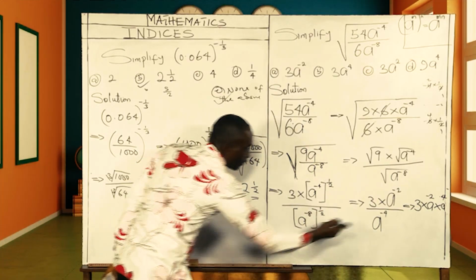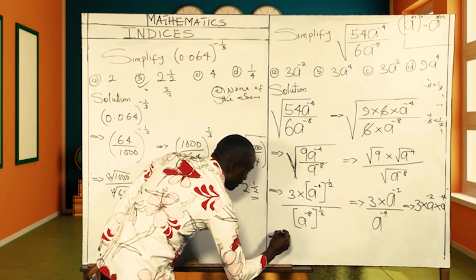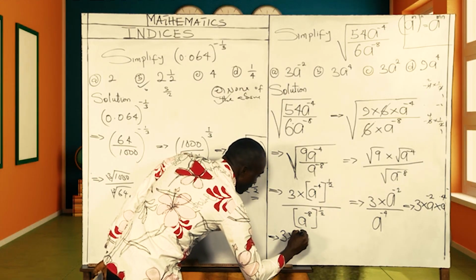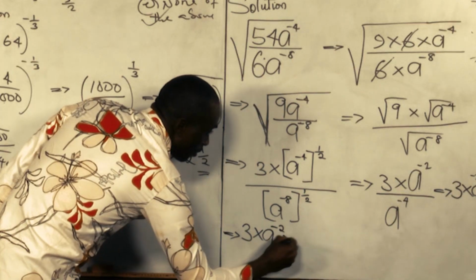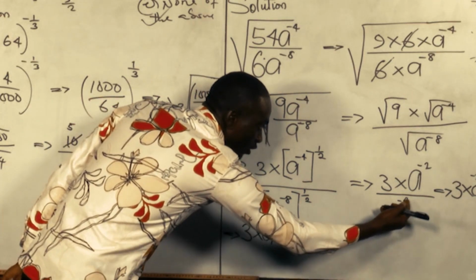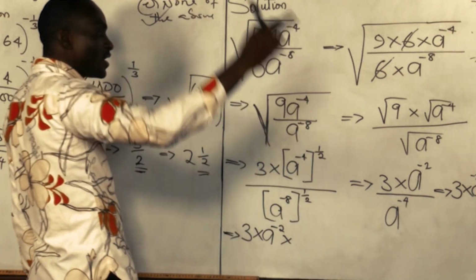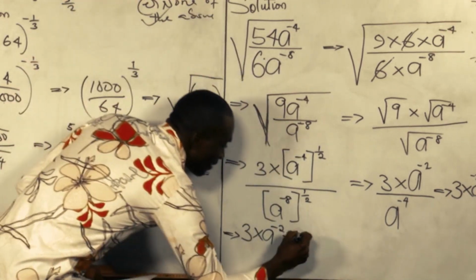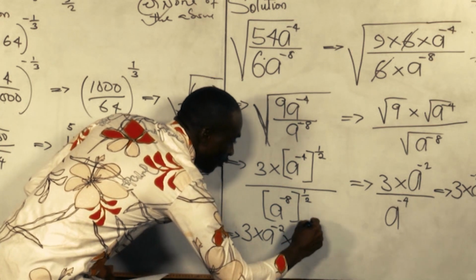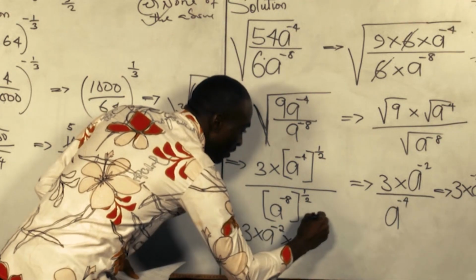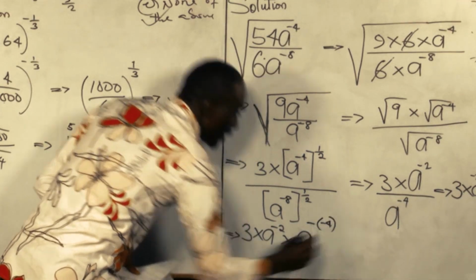From this place, this will give us 3 multiplied by a raised to the power minus 2 multiplied by a raised to the power minus 4 is coming up. Okay, it's coming up, so we have minus already, and here we have minus 4 already there.